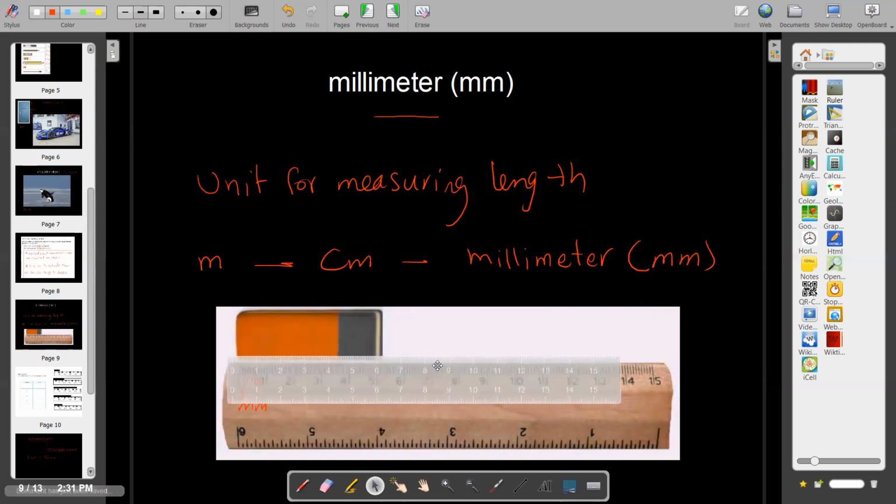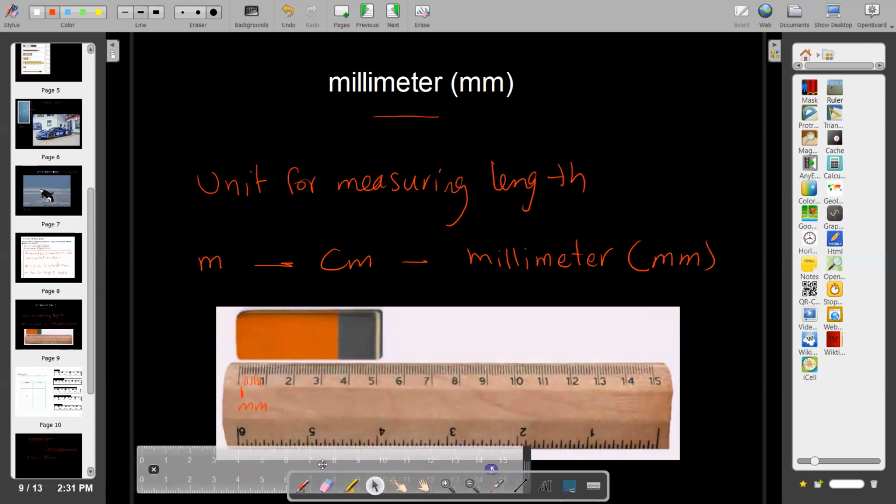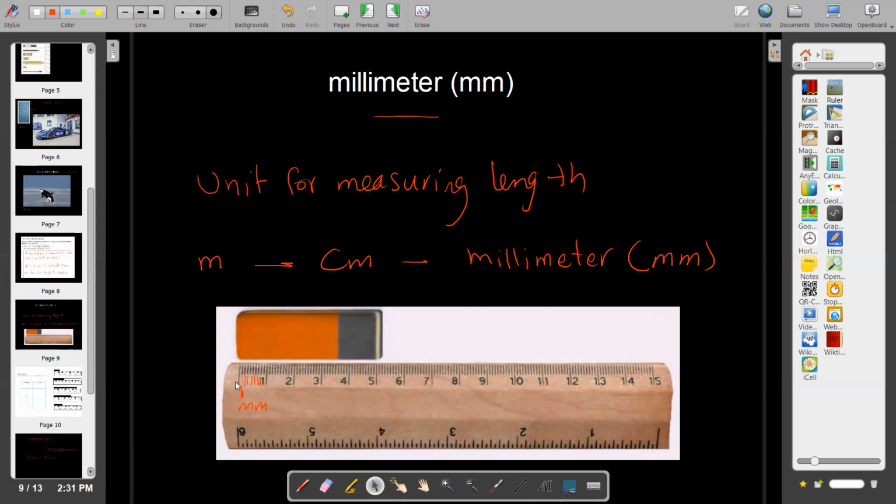If I want to measure this one, I count here. By the way, 1 centimeter equals 10 millimeters. As in the previous lessons, we studied centimeter and meter.